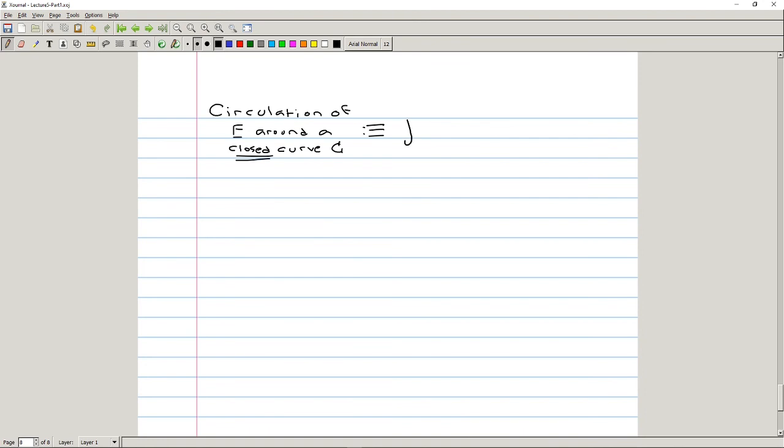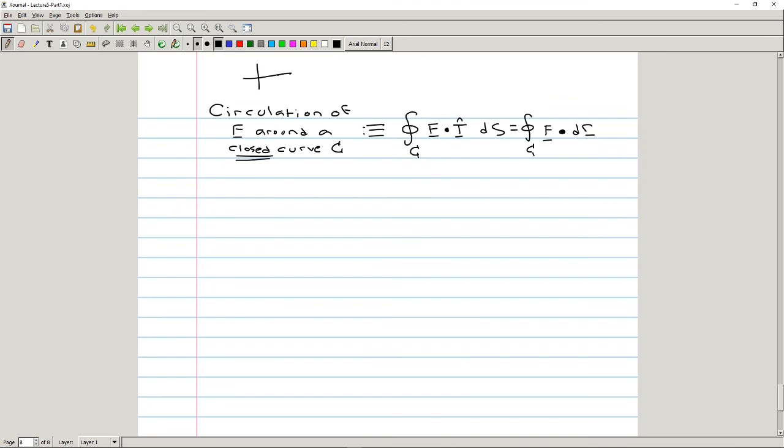We say it's the line integral over this closed curve, the circle here, the line integral over C of F dot t hat ds, or in our other notation, the line integral of F dot dr. And with our previous interpretation of this accumulation, it makes a lot of sense why this is called the circulation.